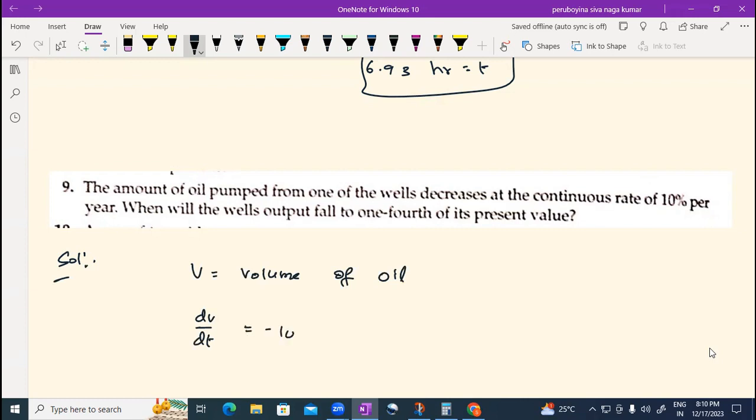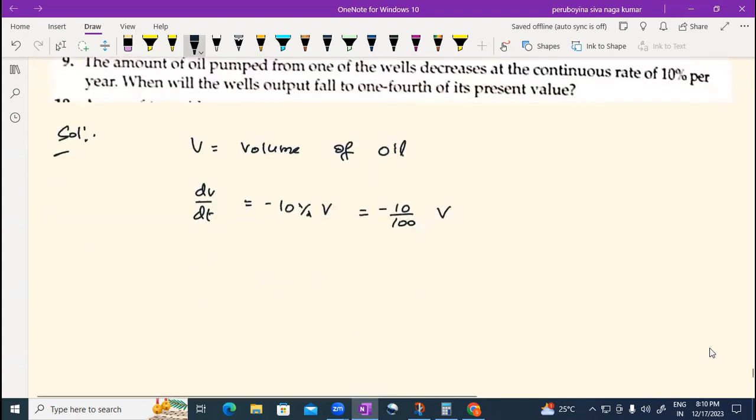Minus 10% of the V. So minus 10 by 100 into V. So you can write dV by V is equal to minus 1 by 10 into dt. So integrating on both sides, log V is equal to minus 1 by 10 into T plus C. Okay.